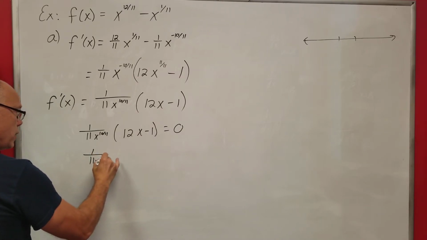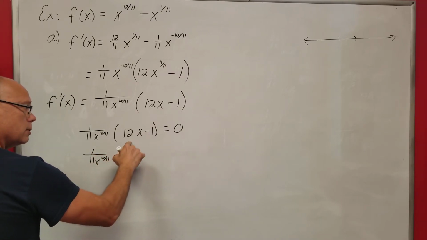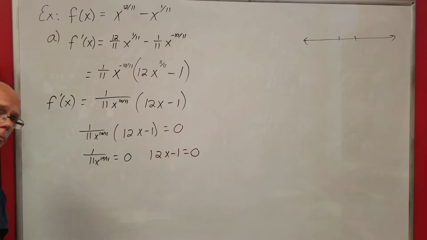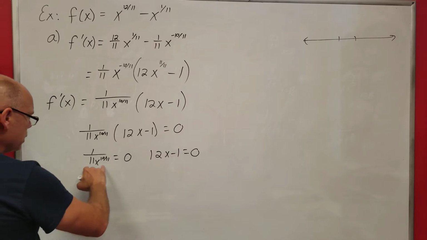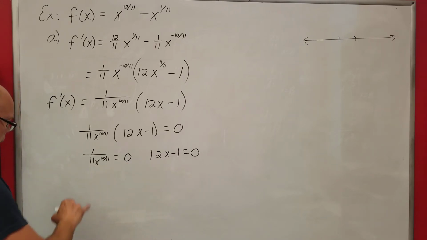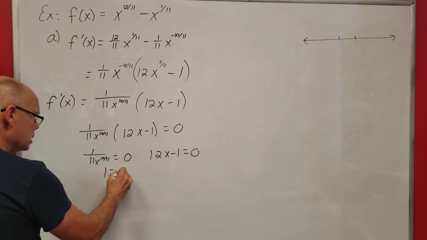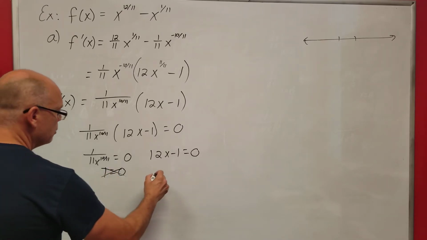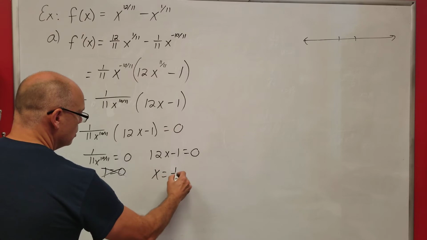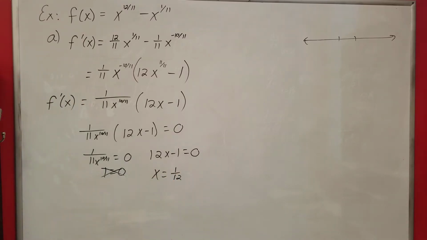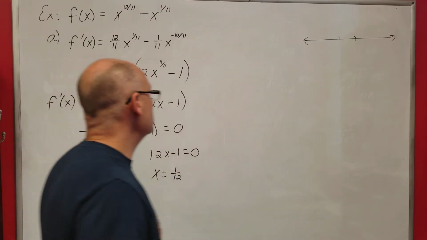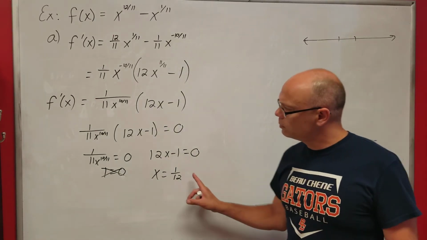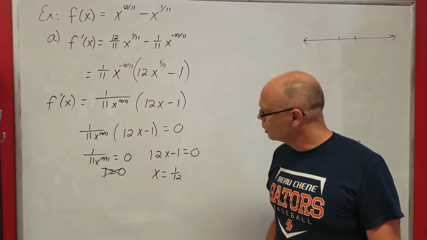What happens if I multiply both sides of the first by my least common denominator? I get 1 is equal to 0, and that doesn't make any sense. How about the second factor? If I solve this, I get x is 1/12. That is where my derivative is equal to 0.